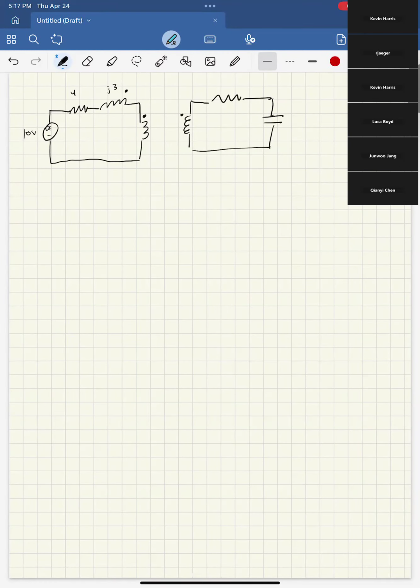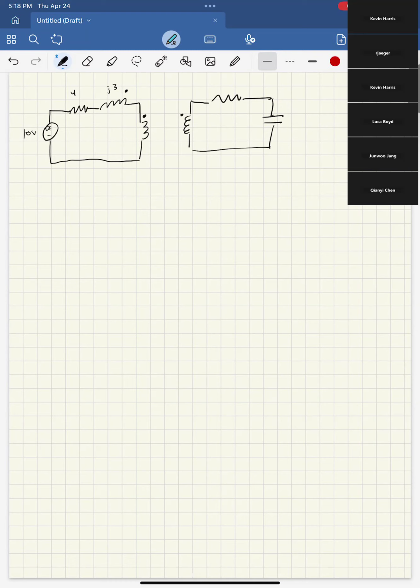So here we actually have two circuits entirely separated by stuff, right? And let me make sure I'm not thinking about this wrong. I'm just looking at the answers here to make sure that I actually understand what's going on.